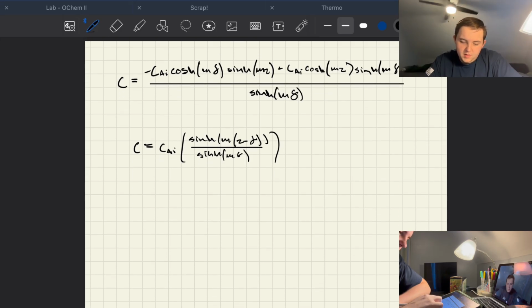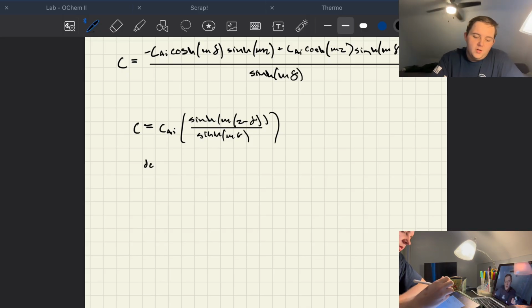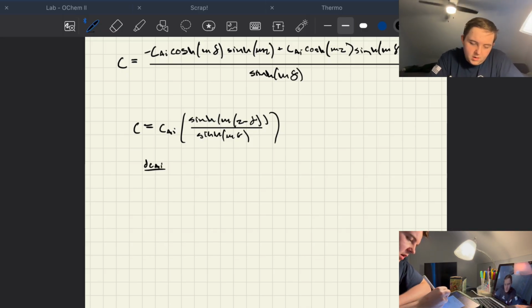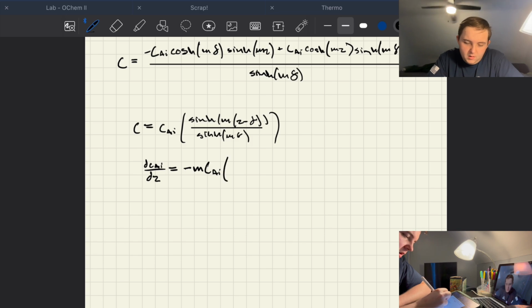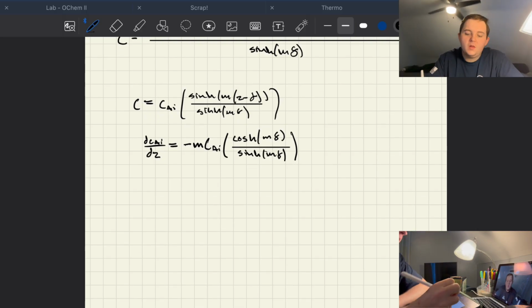But first we need to differentiate this term with respect to z, and when we do, we'll get negative M CAI cosine H of M gamma over sine H of M gamma. Took a little bit.